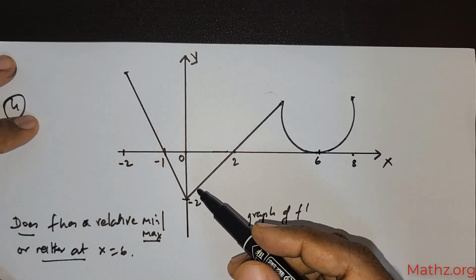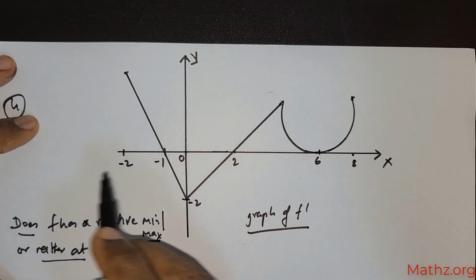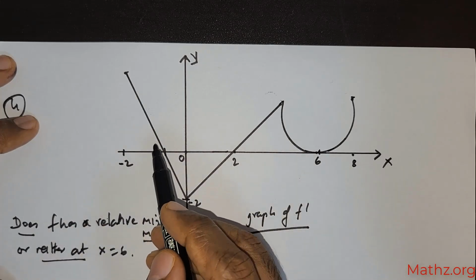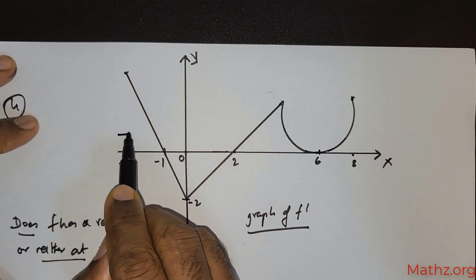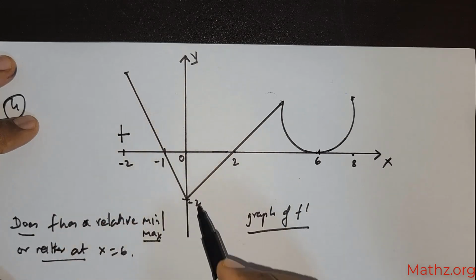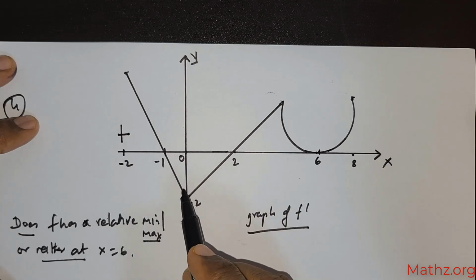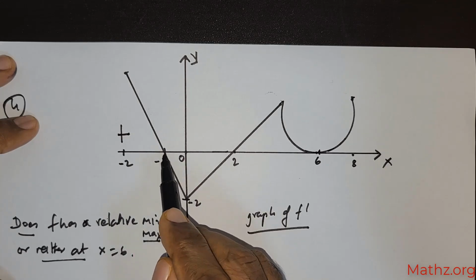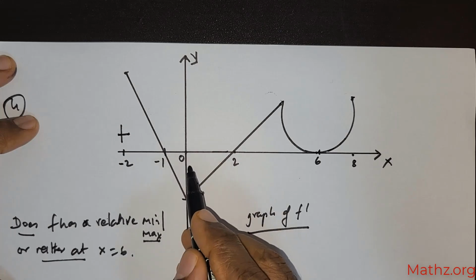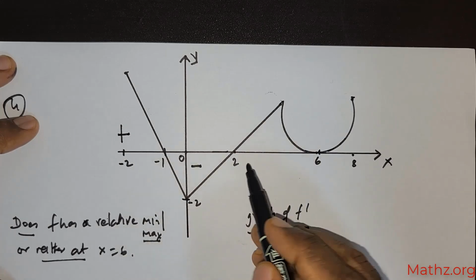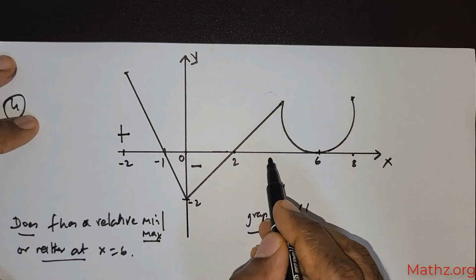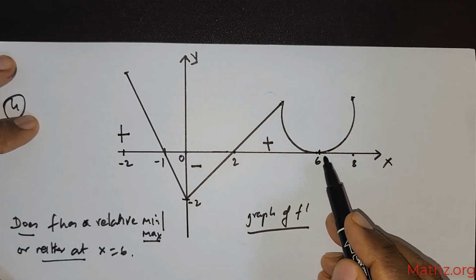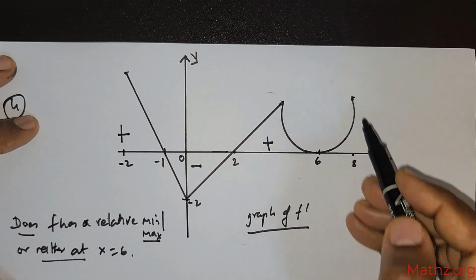If it is below the x-axis, then the sign is negative. Over here the graph is above the x-axis, so on this side it's positive. It is coming below the x-axis, so between -1 and 2 it's negative, and for 2 to 6 it is going above, so it's positive here, and 6 and beyond it is going above, so it's positive here.